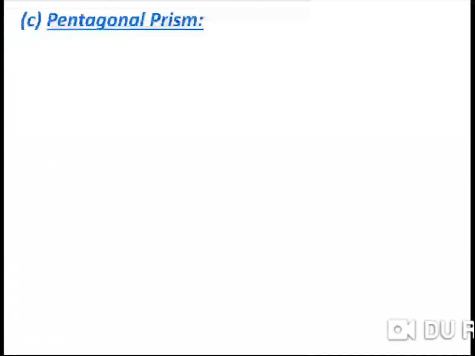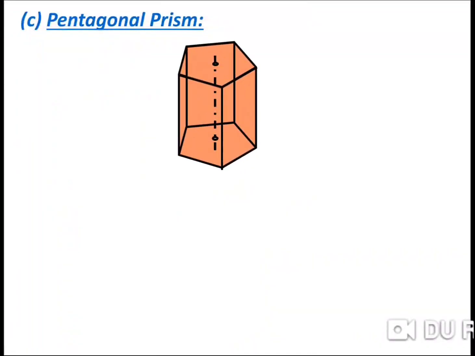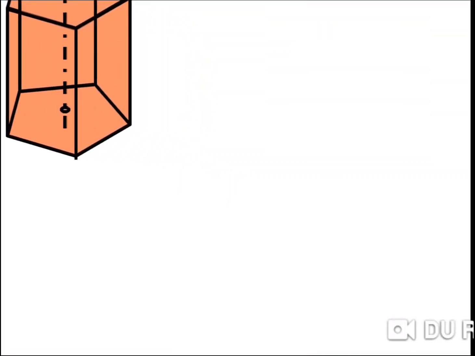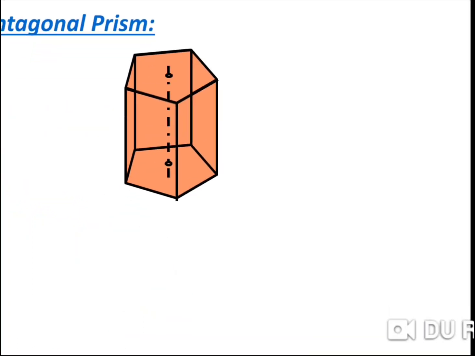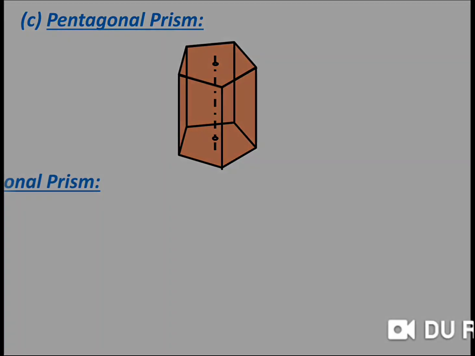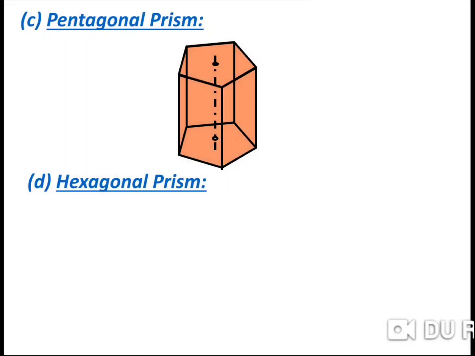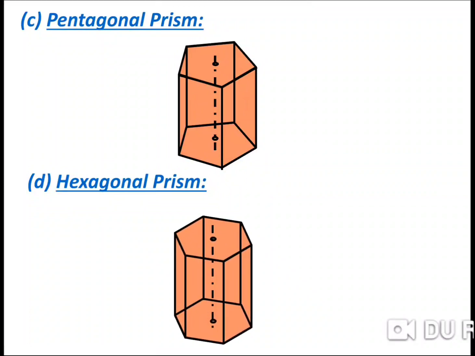C. The pentagonal prism: 5 sides, top face and bottom face pentagons, 5 rectangular side faces. Hexagonal prism: top face and bottom face hexagons, 6 sides, 6 rectangular side faces.